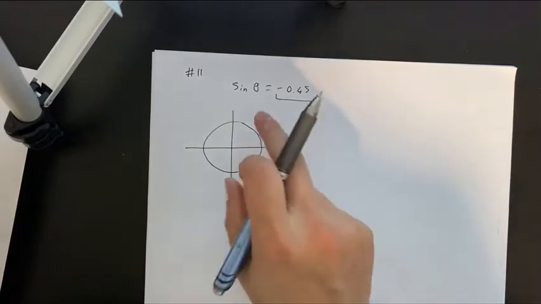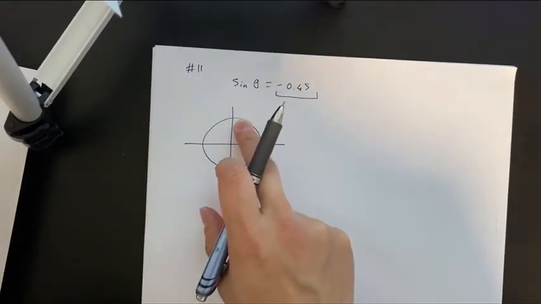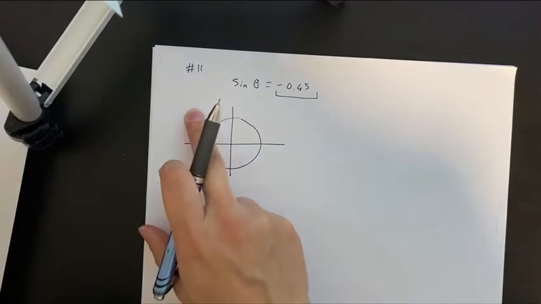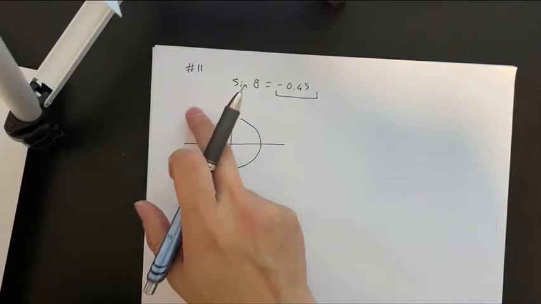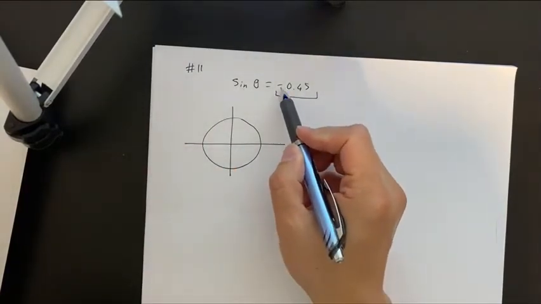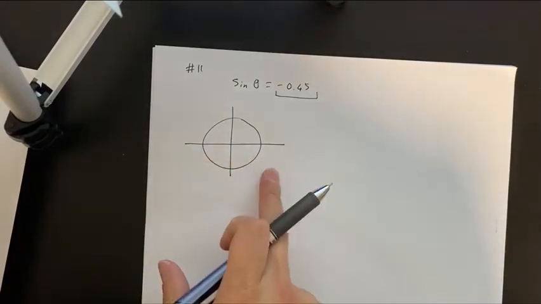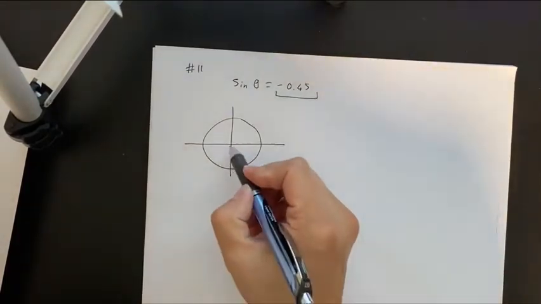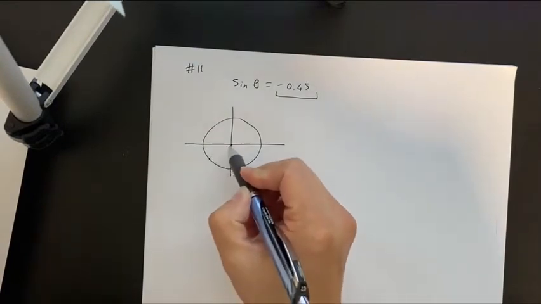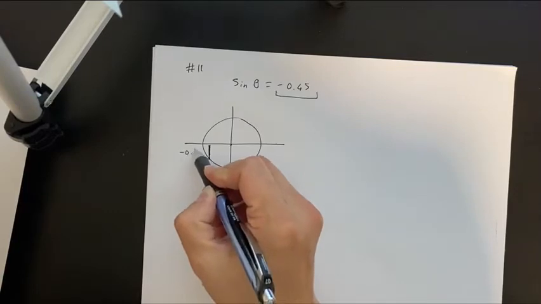It can't be in the first quadrant because that's when my y value is positive. It cannot be in the second quadrant because my y value is positive in the second quadrant. Here my y value is negative. Therefore, I'm either in the third quadrant or the fourth. Now, there is a position where my y value is -0.45.